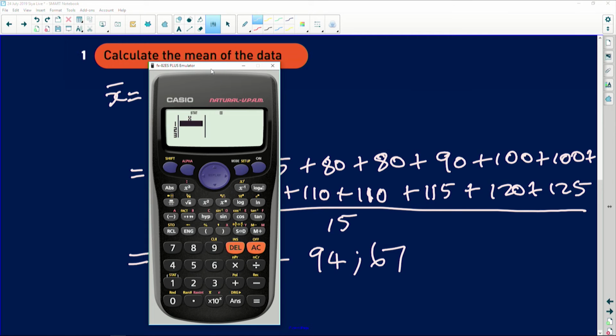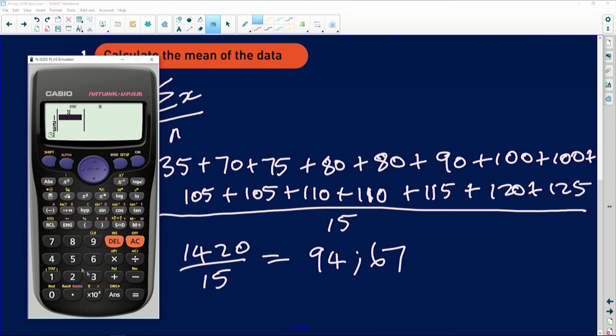This is the data you're supposed to fill in: 35 equals, 70 equals, 75 equals, 80 equals, another 80 equals, 90 equals, 100 equals, 100 equals, 105 equals, 105 equals. There are only two 105s.